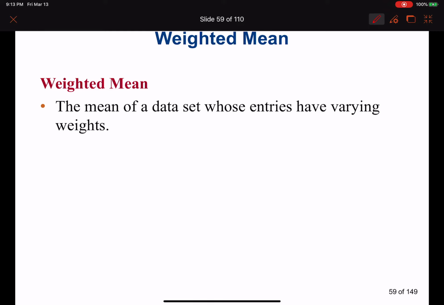Next, we are going to move to weighted mean. Weighted mean is, we use this method to calculate your final grade, actually. Here you will learn how to calculate your final grade.